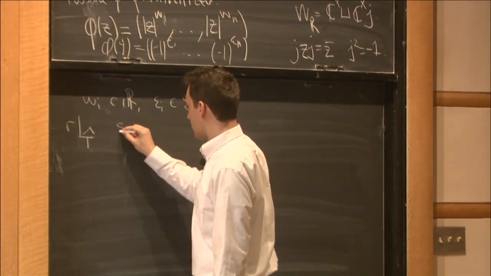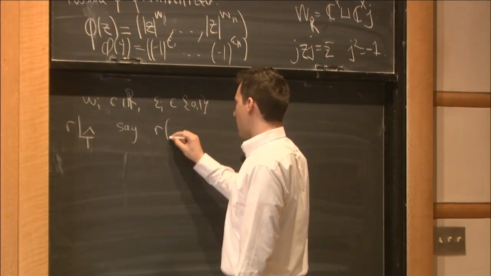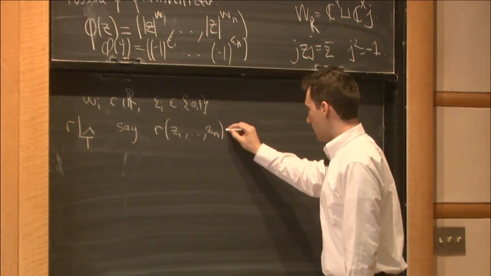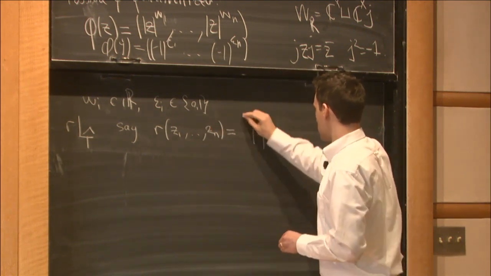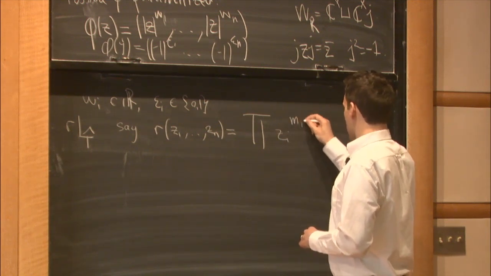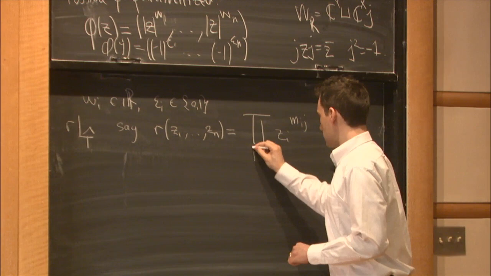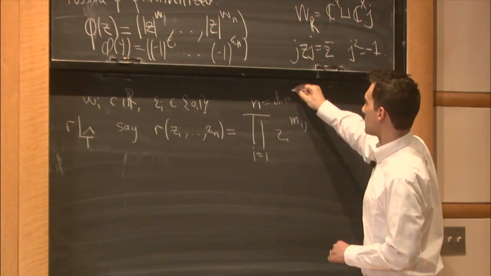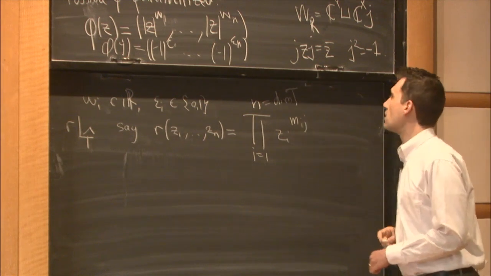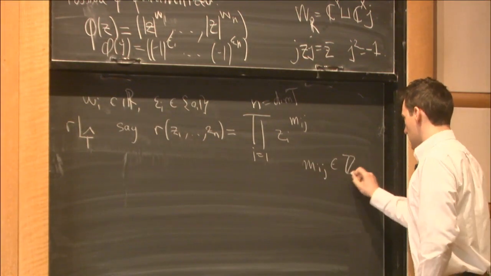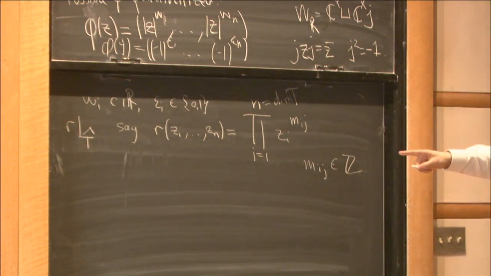So let's say R of (z_1, up to z_n) looks like a product of the z_i's to some exponents, with i equals 1 to n, where n is the dimension of the torus. Here these m_ij's are integers because of my algebraic assumption on the representation of the L group.